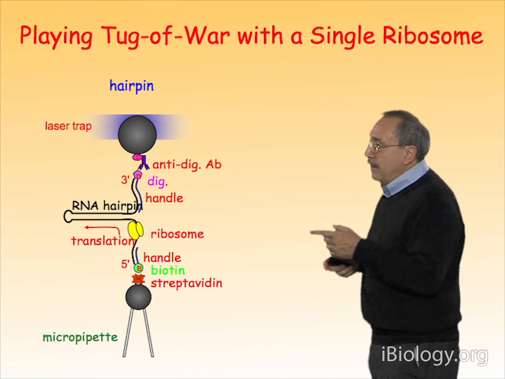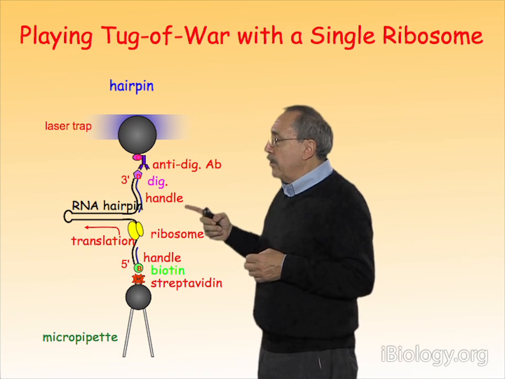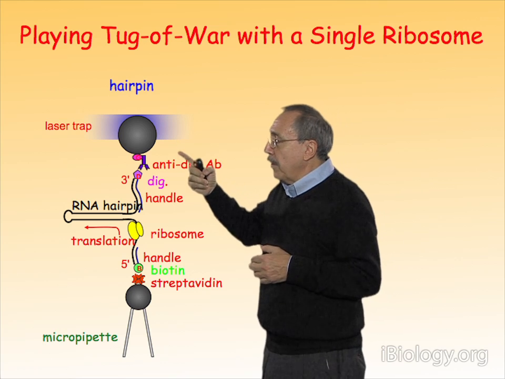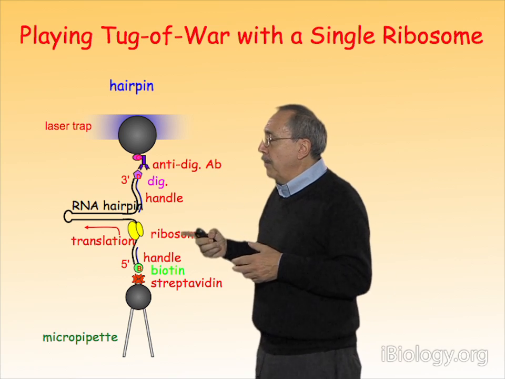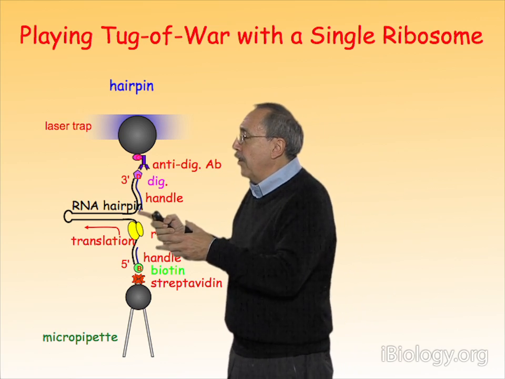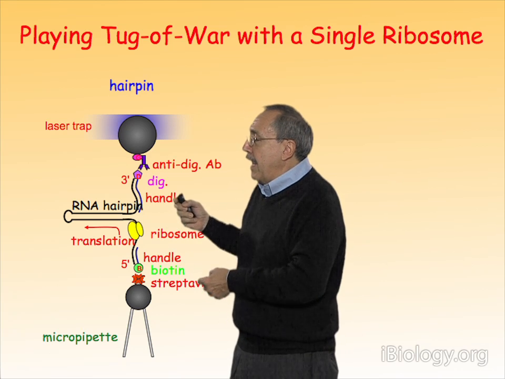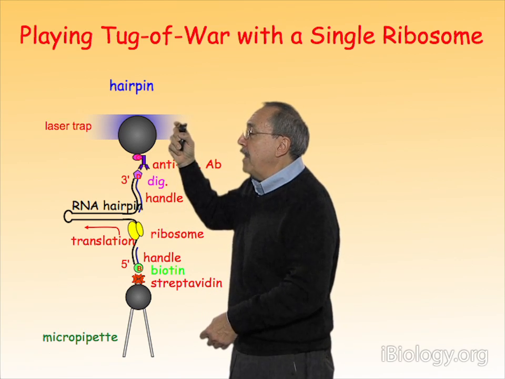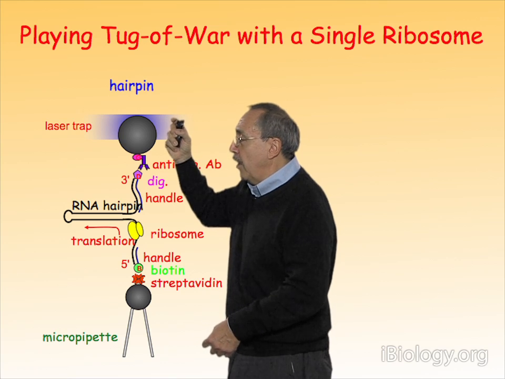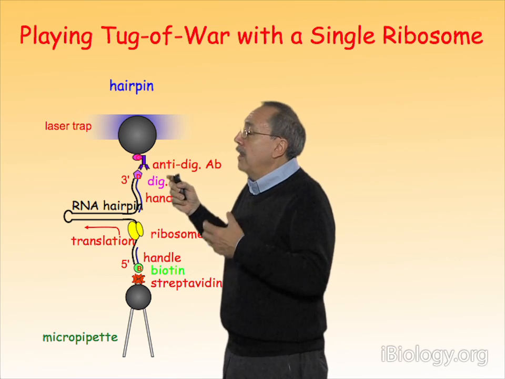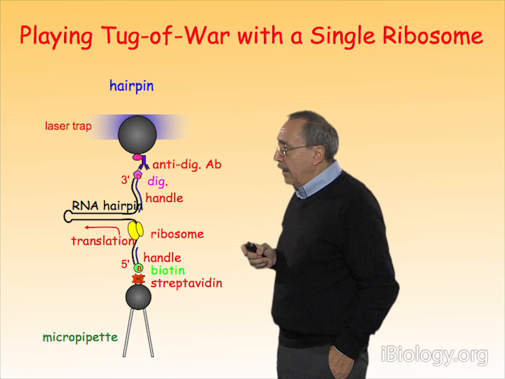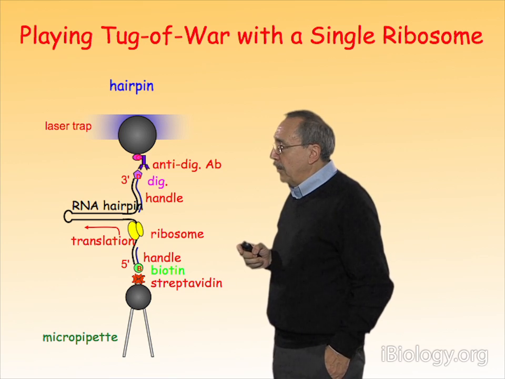Well, I showed you this geometry, which we call the hairpin geometry, right? Where as the ribosome invades the RNA in order to translate it, it makes the RNA longer, but the beads are pulled away in order to keep the tension or the force constant in the optical trap, and therefore we can actually follow the individual steps of the ribosome.